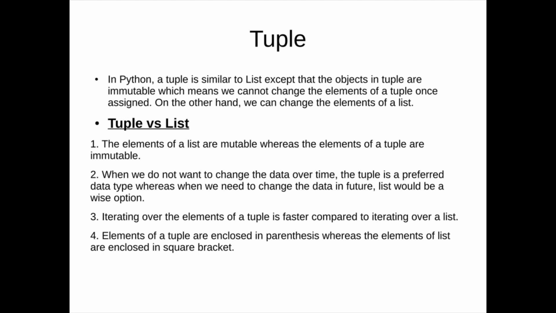When we do not want to change the data over time, the tuple is the preferred data type. Iterating over the elements of a tuple is faster compared to iterating over a list. The elements of tuples are enclosed in parentheses, whereas the elements of a list are in square brackets.